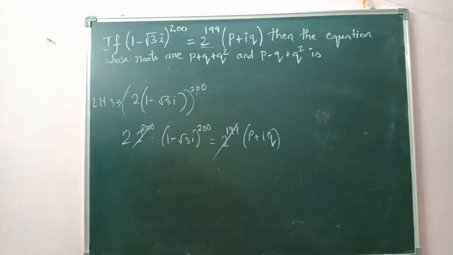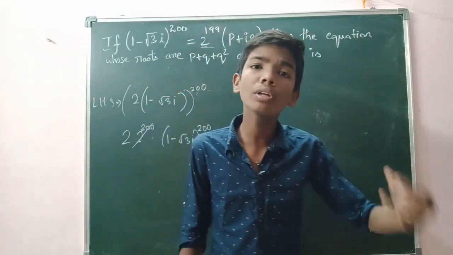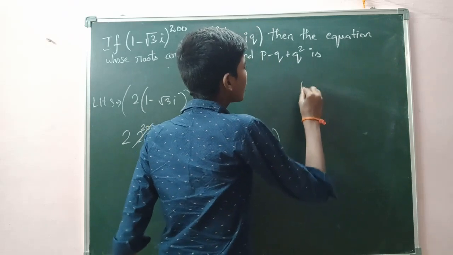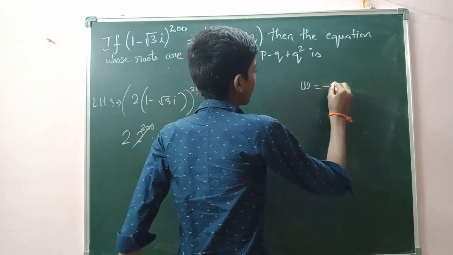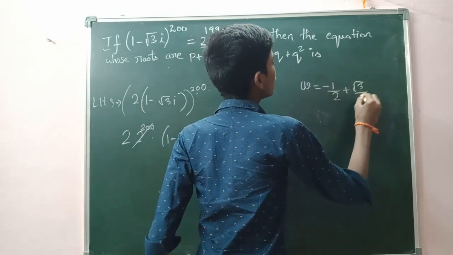And now listen very carefully. Already I told that we are going to use cube roots of unity. There is omega. What is the value of omega? The value of omega is minus 1 by 2 plus root 3 by 2 iota. Correct?